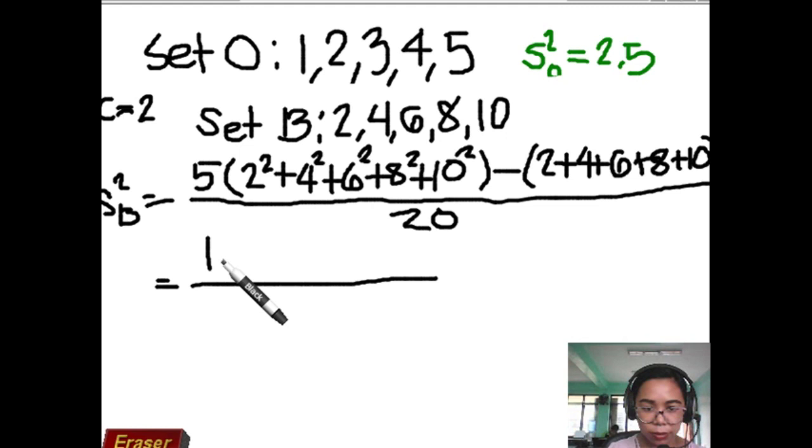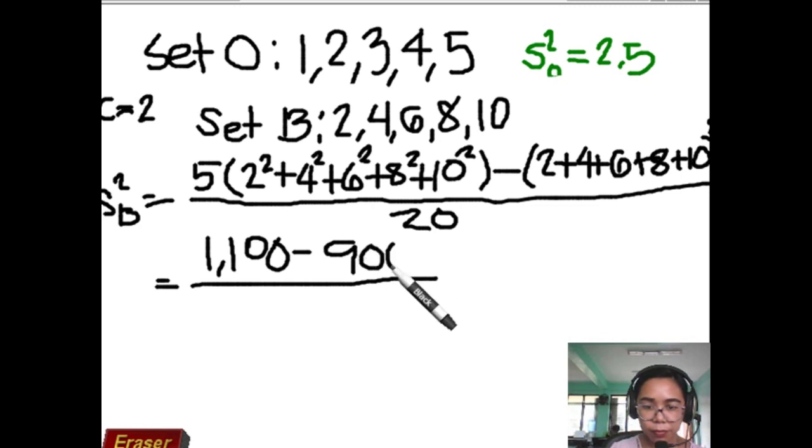Here, 1,100. I forgot to square this. Okay, minus. We divide it with 20.